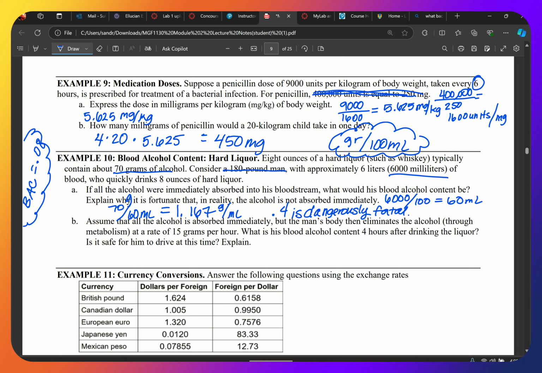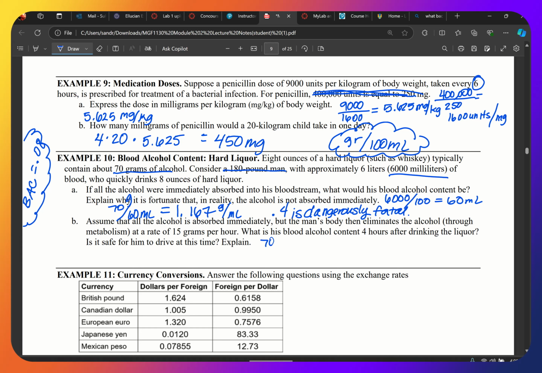So the next question is, assume that all the alcohol is absorbed immediately, but the man's body then eliminates the alcohol through metabolism at a rate of 15 grams per hour. What is his blood alcohol content 4 hours after drinking the liquor? Is it safe for him to drive at this time? 15 grams per hour in 4 hours, how many grams is that? 60.